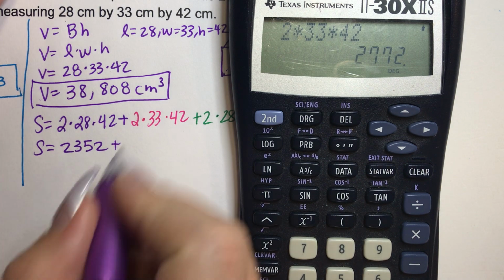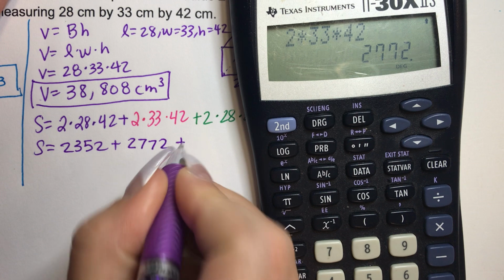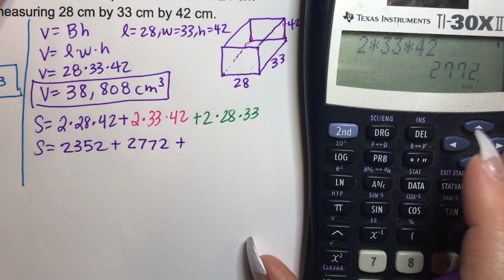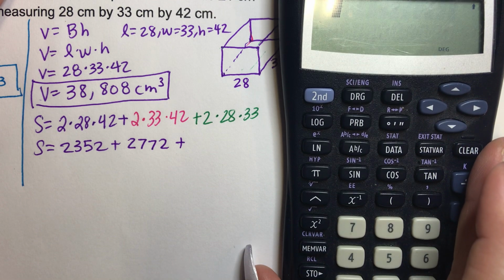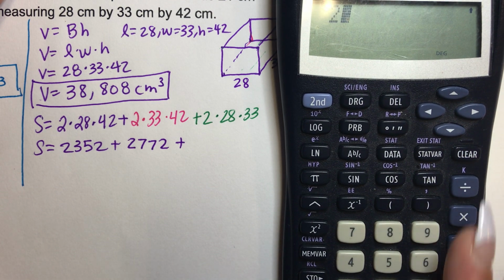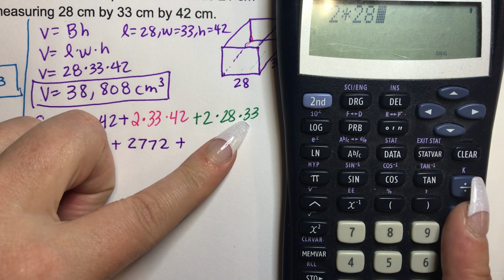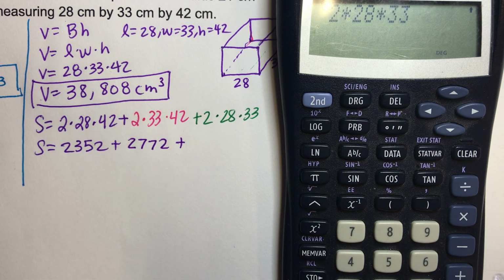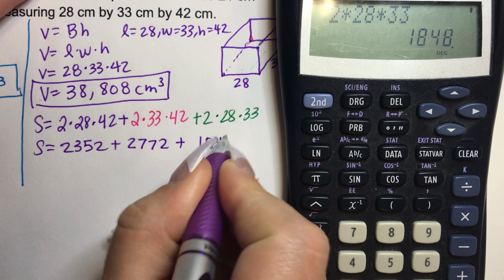That ends up being 2,772 plus the last one here, which is 2 times 28 times 33, and that ends up being 1,848.